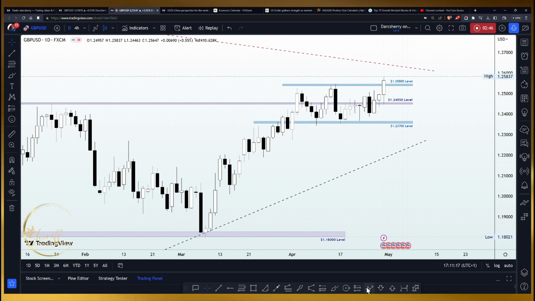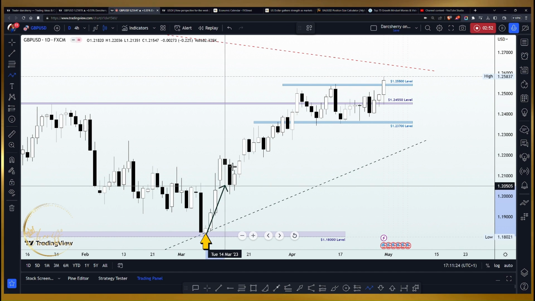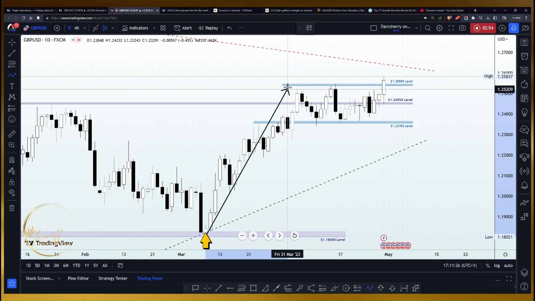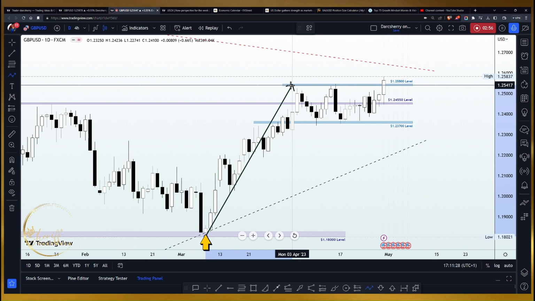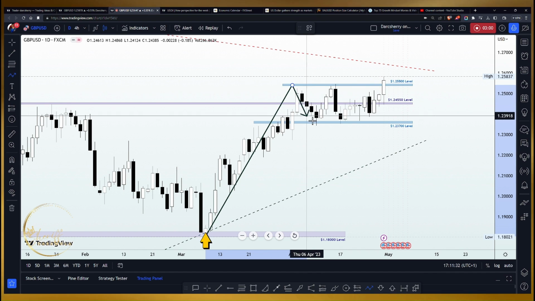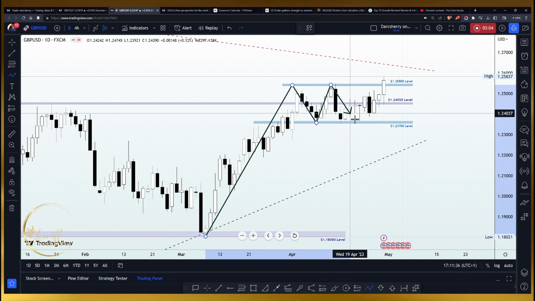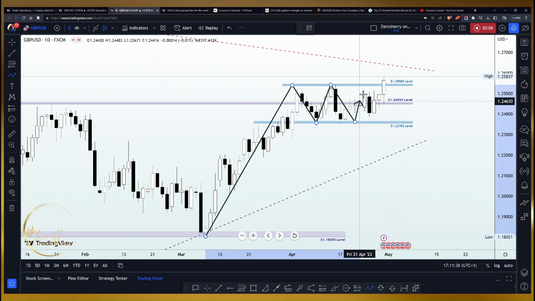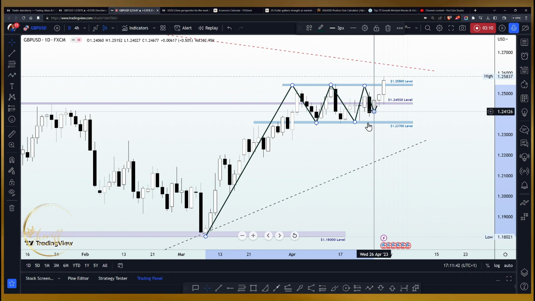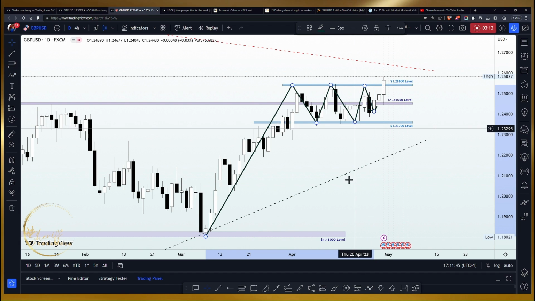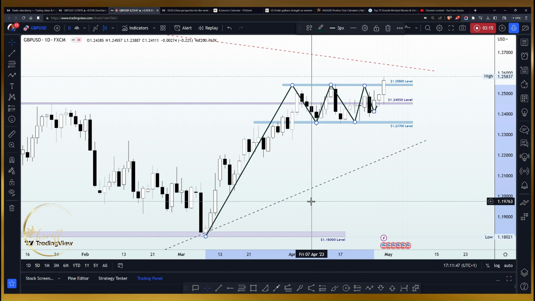We saw an impulsive move from the 1.180 level leading into the situation we have been witnessing in the last 4 to 5 weeks, I think, where price action has been trapped within this channel between the 1.2550 level and the 1.237 area, which further emphasizes the level of indecision in this market.